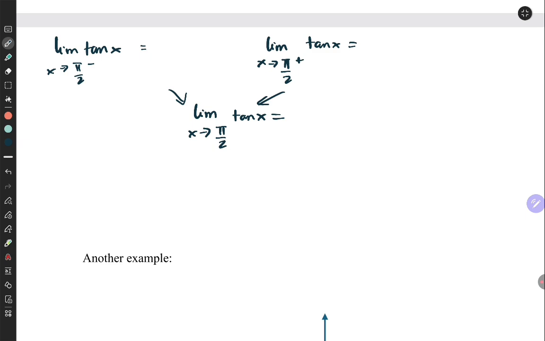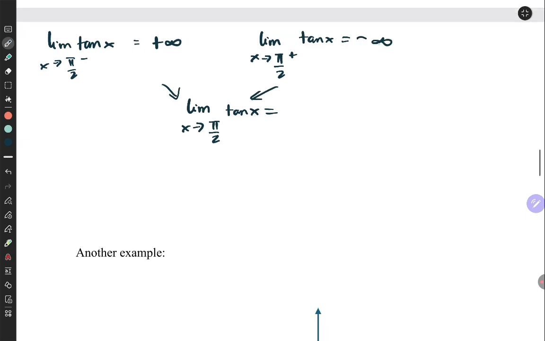Infinity never equals anything. It's a huge number, you don't know how much it is. How can you say it equals something? So when it is positive infinity, usually you say it approaches infinity, or approaches negative infinity, or it does not exist. Mathematically, that's how you say it. All right, that's tangent, very standard.